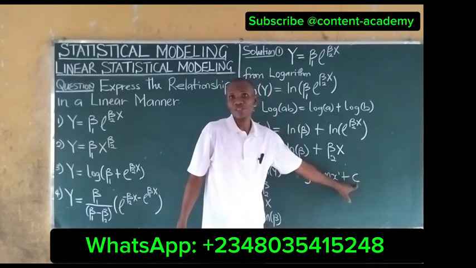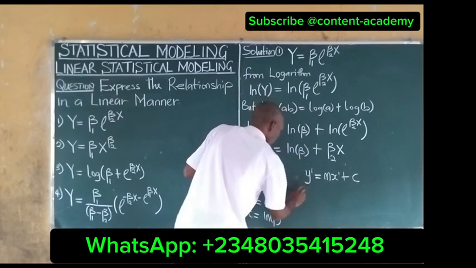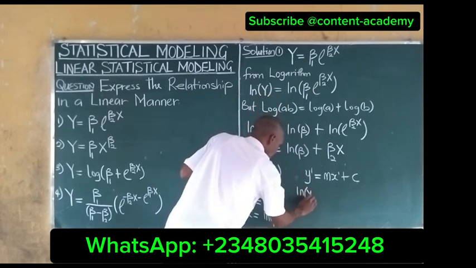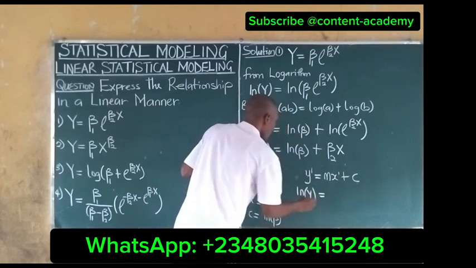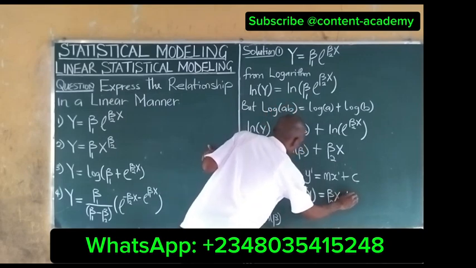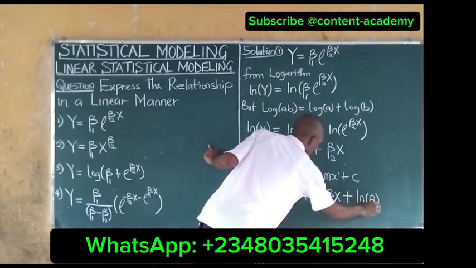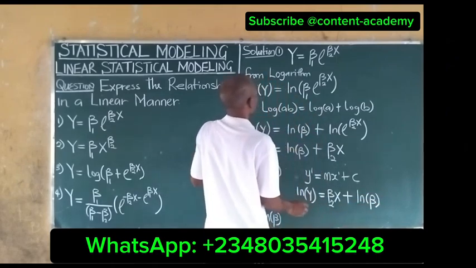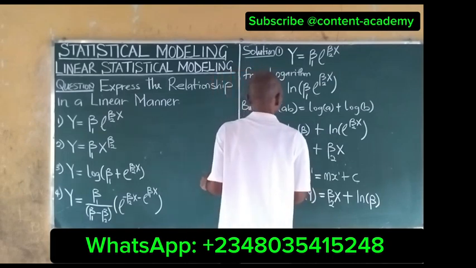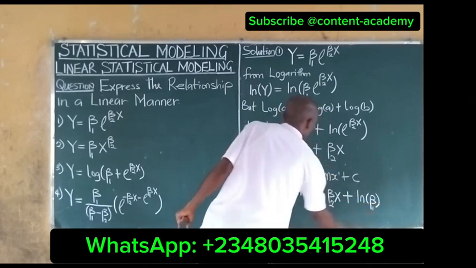Just like the regression equation, we can write it as ln y, which is our transformed linear model, equal to b2x plus ln b1.